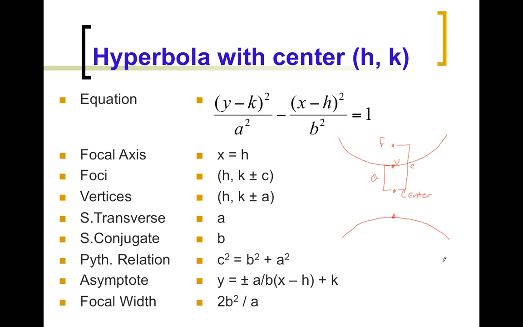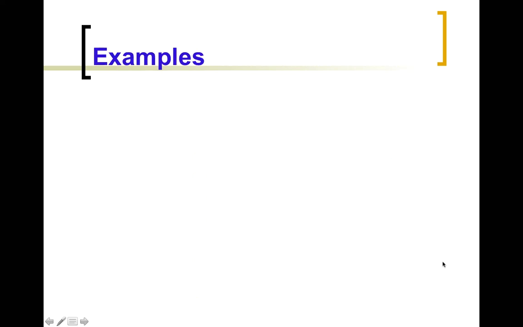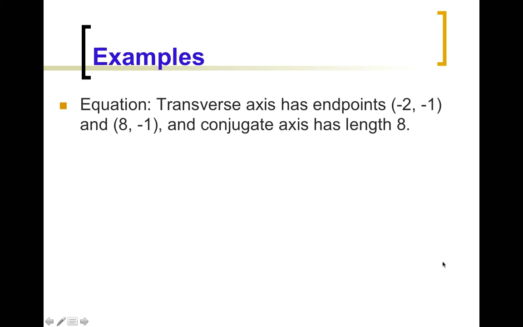So let's get into a couple examples. What I want to do here is find the equation of this particular hyperbola. It says the transverse axis has endpoints of (-2, -1) and (8, -1). So what I always do is I always draw what I know.